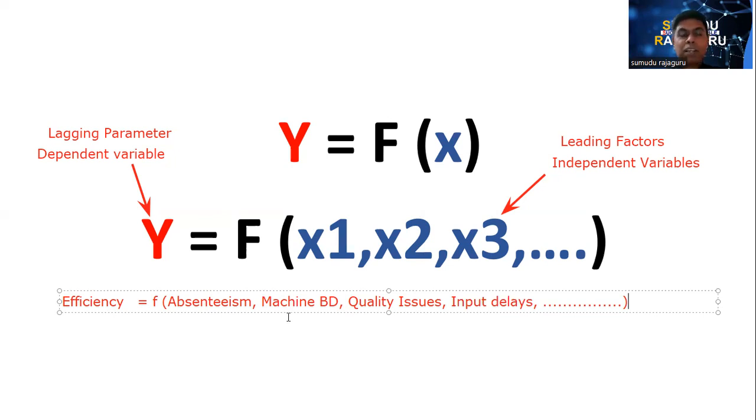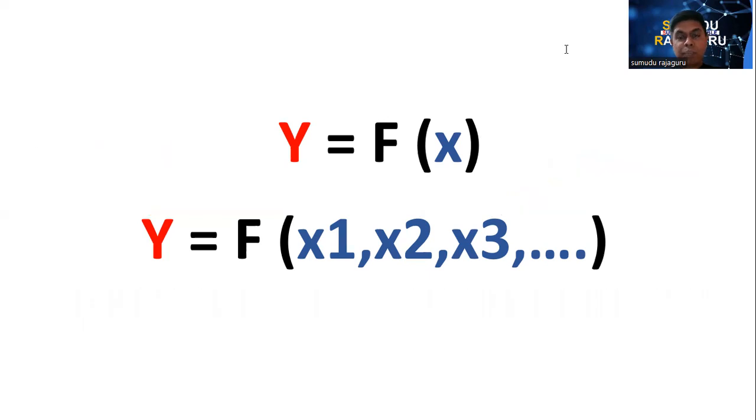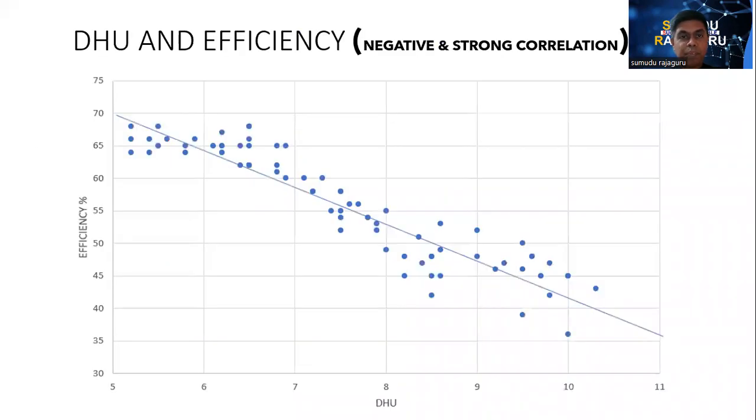So I think you can understand the correlation, whatever we have discussed. If we want to match the correlation, then definitely we have to go for scatter plots.